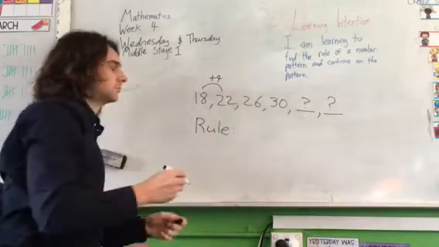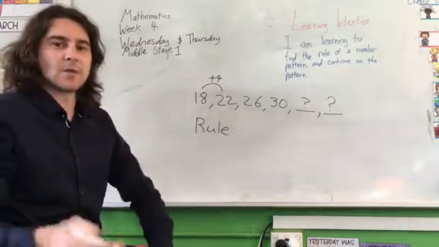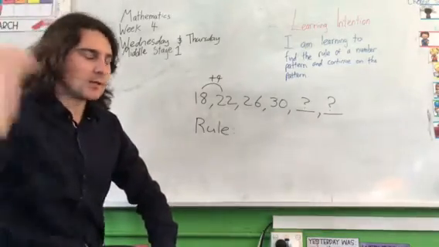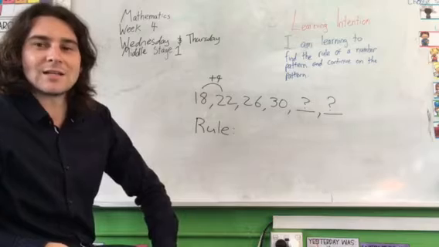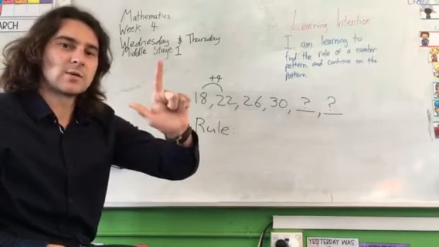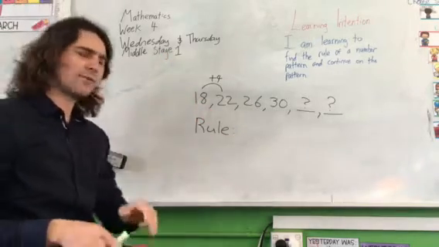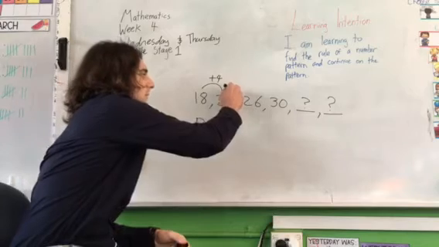The next, 22 and 26. I'm going to put 22 in my head, and I'm going to count forward until I get to 26. 22, 23, 24, 25, 26. I've gone up by 4 again.